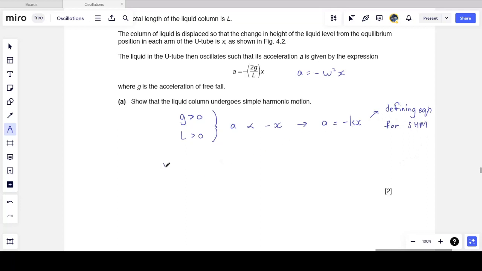I would think that's enough, but I need to also say that G and L are constants. So just like omega is a constant, G and L must be constant because they're inside the bracket.